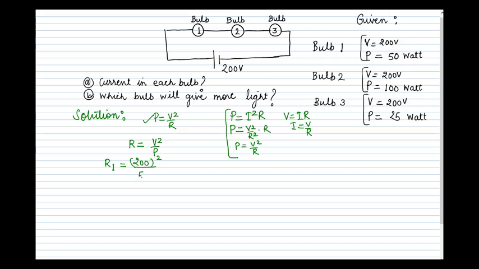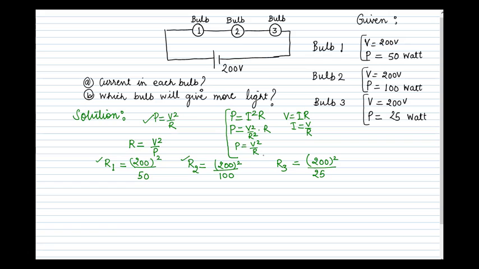So that is resistance for bulb 1. Resistance for bulb 2 will be written as V square upon P. Again V is 200. So that means 200 square upon 100. And the resistance of bulb 3 is equal to V square upon P. Again the voltage is same, 200 square upon P is 25. Right? So we have written the 3 resistances.